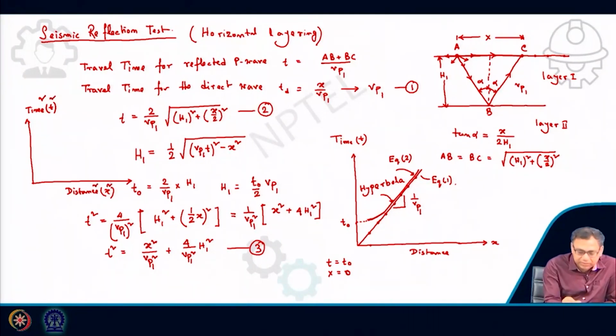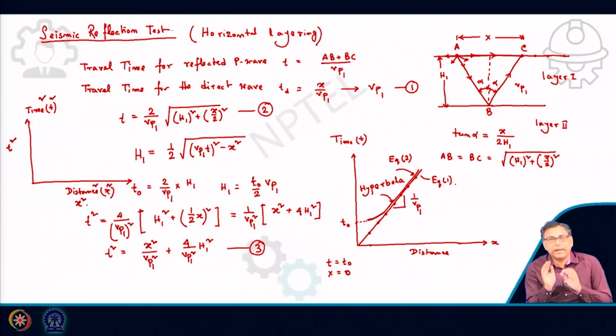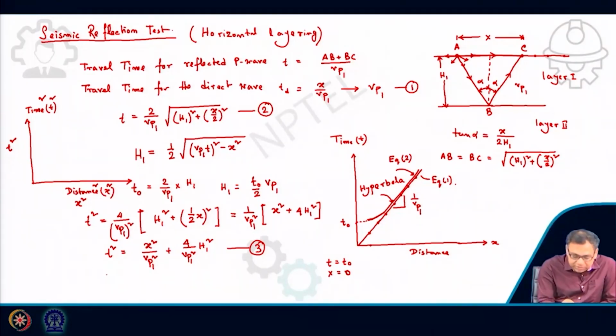So that means this is t square versus x square, where the x axis is x square and the y axis is t square. Now this equation will be a straight line, a simple straight line. So I can join them by a simple straight line.